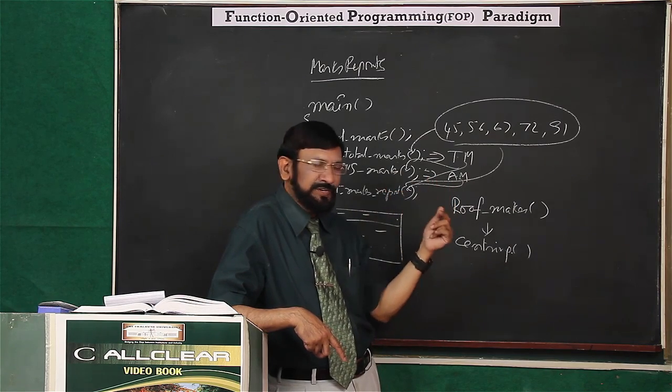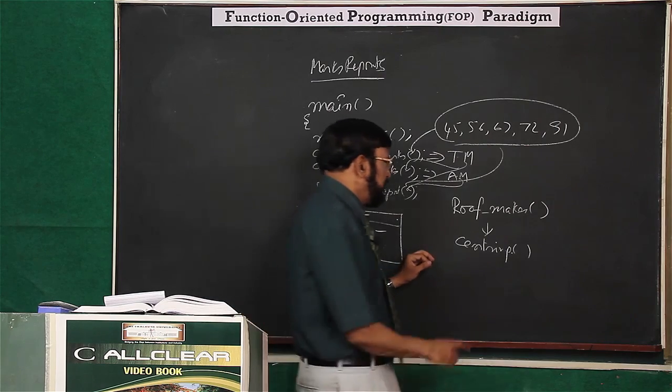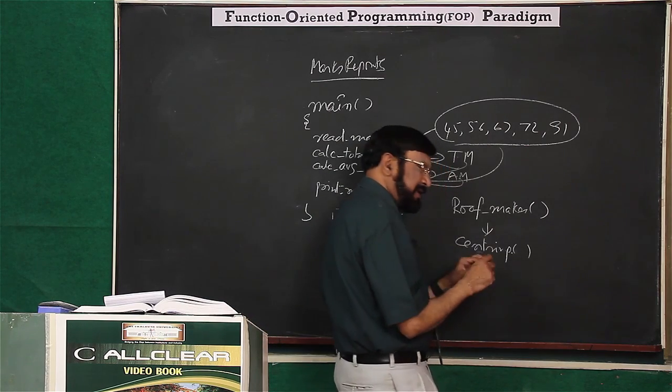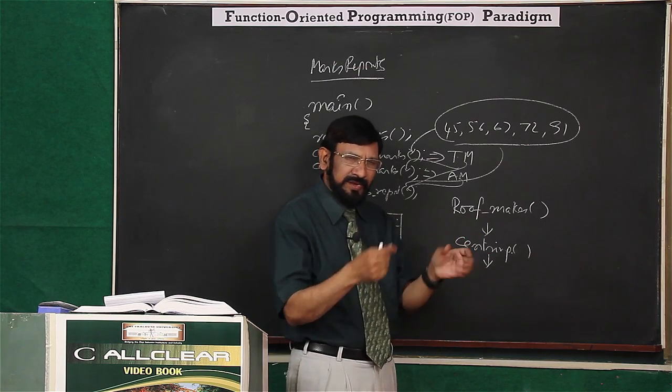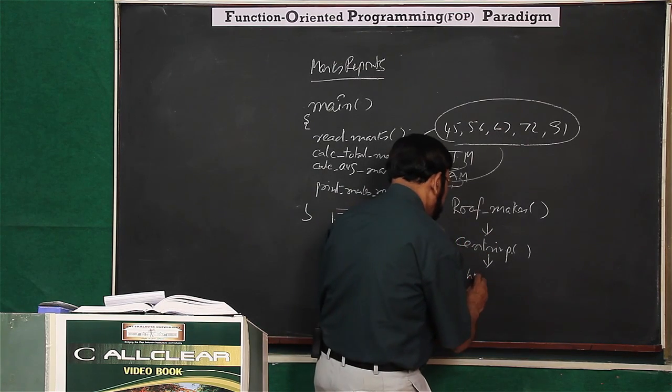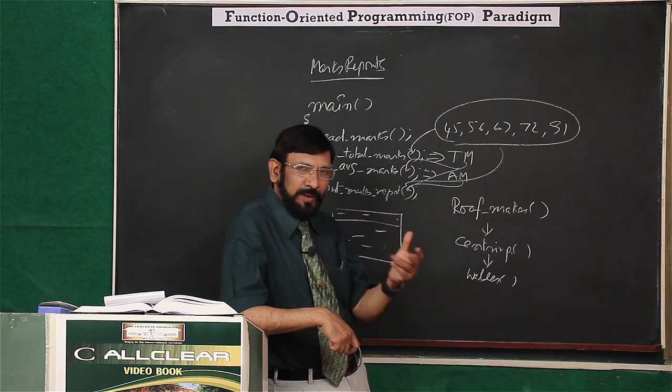For that, one specialist is there. The roof maker calls the centering person. The centering person, for his job of bending and fixing, calls the welder. Like in real life, you call them subcontracts.